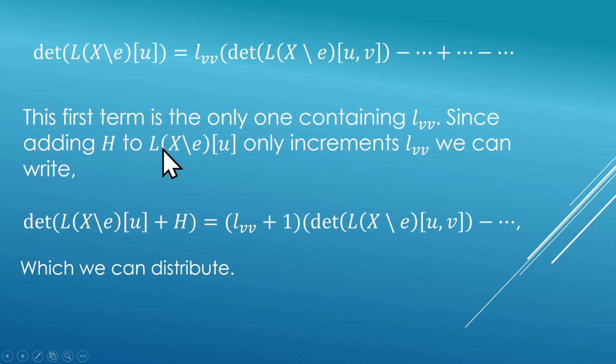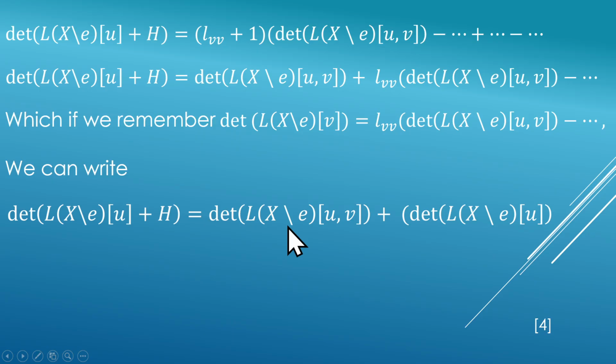And what we'll notice is that this first term is the only one that's going to have LVV in it, and when we add H to this Laplacian, it only increments LVV. And so we can write this here, where we do LVV plus 1 into our expression for the cofactor expansion, that being equal to our determinant here with the plus H in there. So we'll be able to distribute this LVV plus 1.